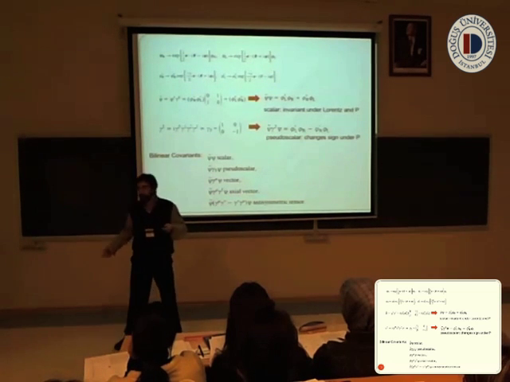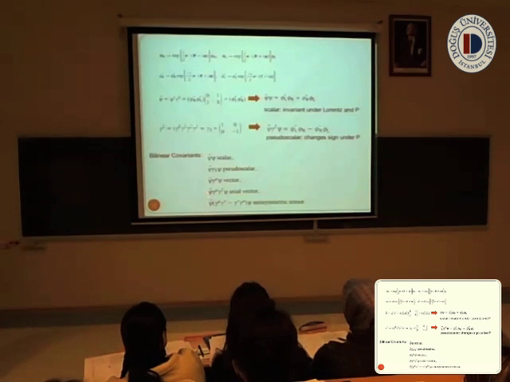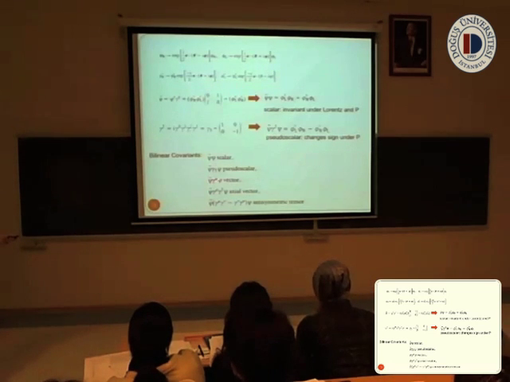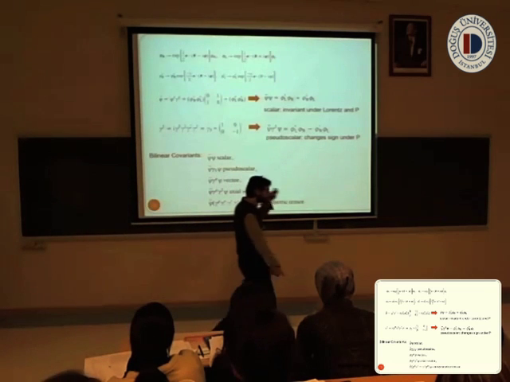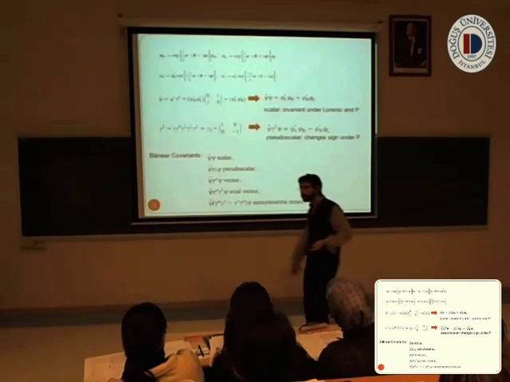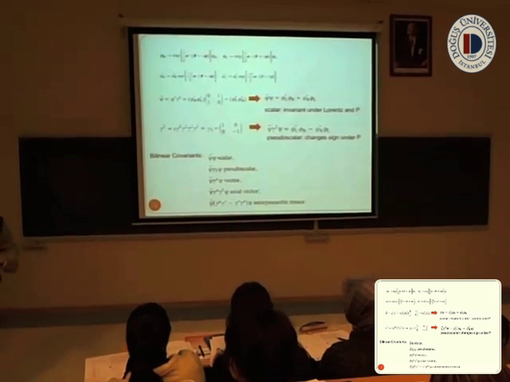Now, I haven't shown you this, but just take my word or go through it. If you sandwich a gamma mu matrix between psi bar and psi, it will transform as a vector under Lorentz transformation, just like you would expect from this index. If you put in an additional gamma 5, it will transform as an axial vector. A vector changes sign under parity transformation. An axial vector doesn't. So axial means it transforms the wrong way under parity, the opposite.